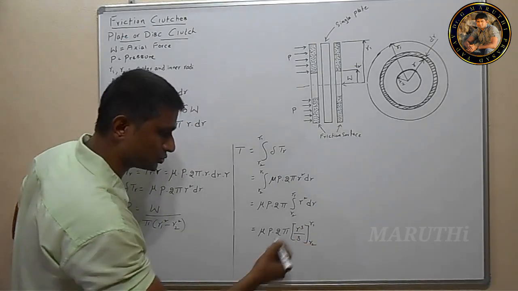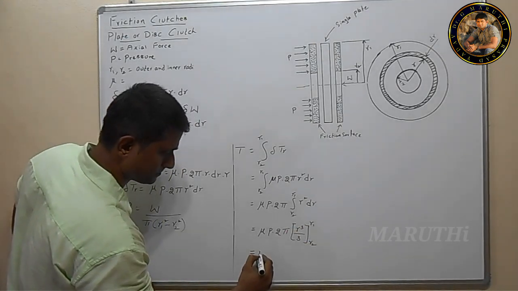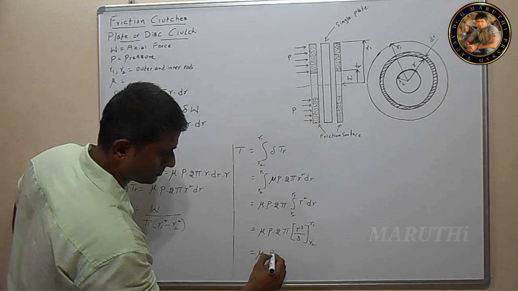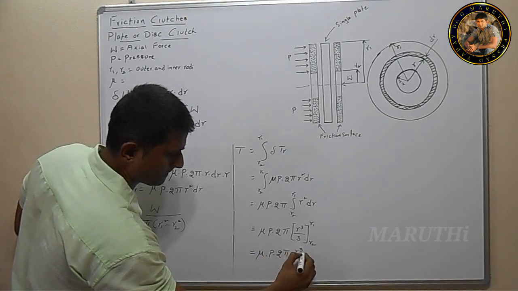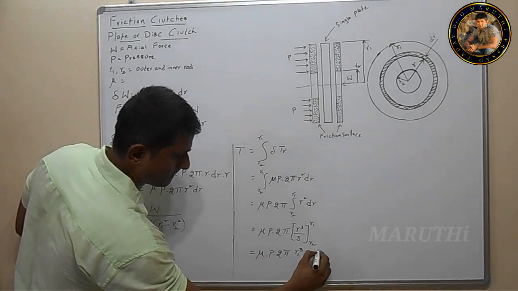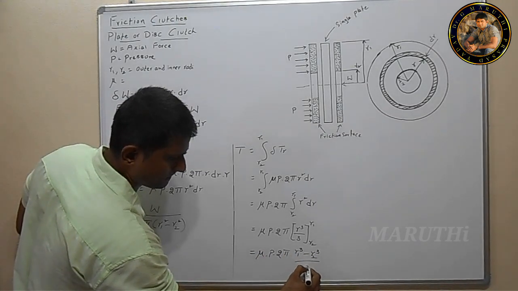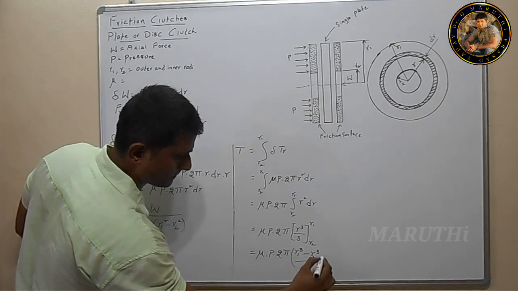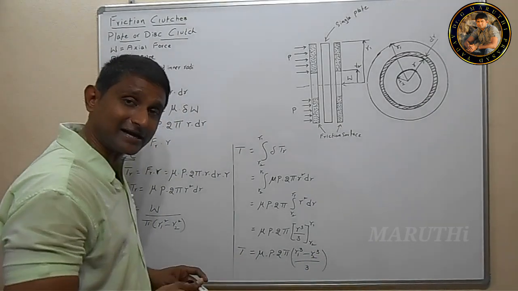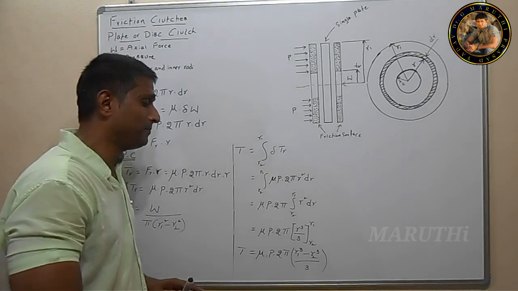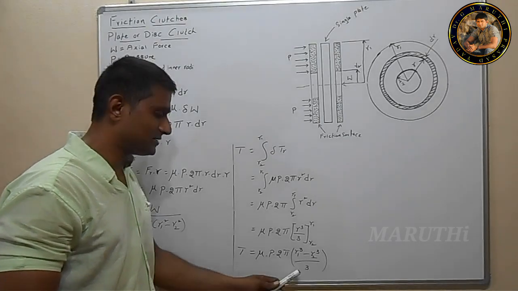Substituting the limits R1 and R2, this is what we got finally: torque equals mu P 2 pi (R1 cube minus R2 cube) by 3.